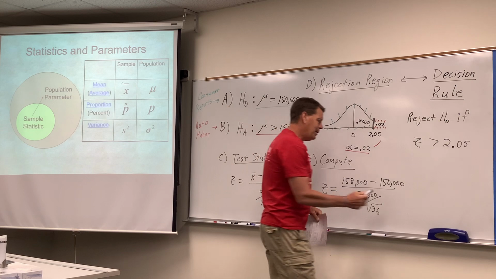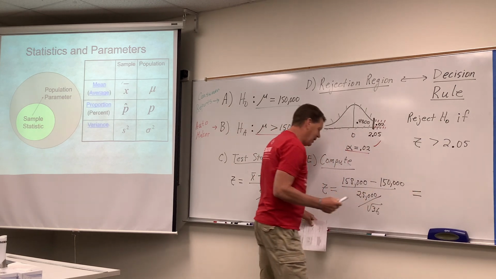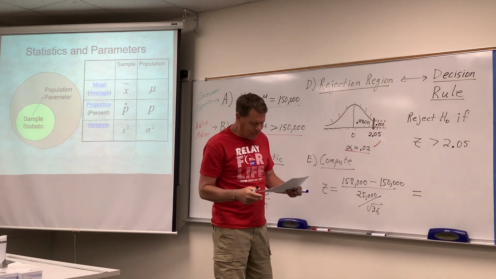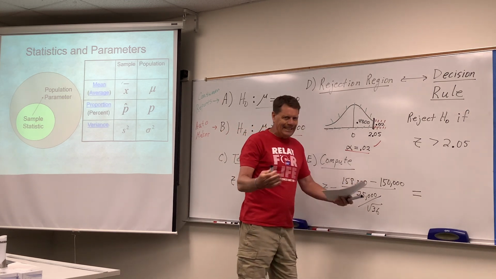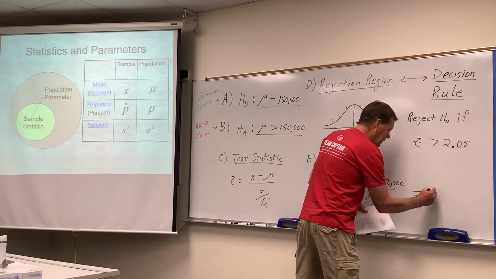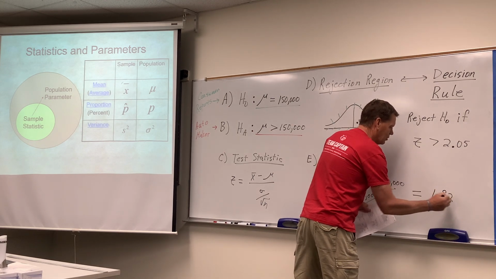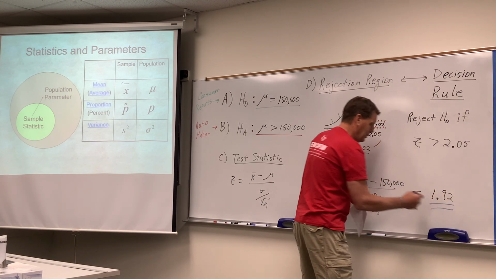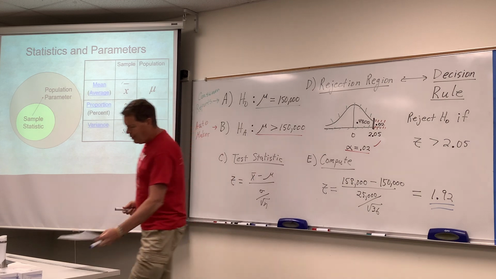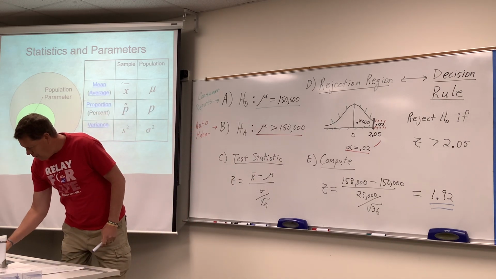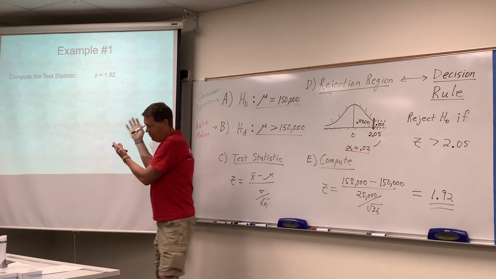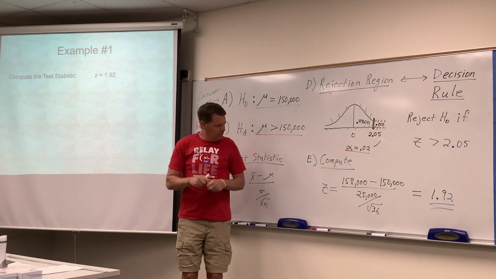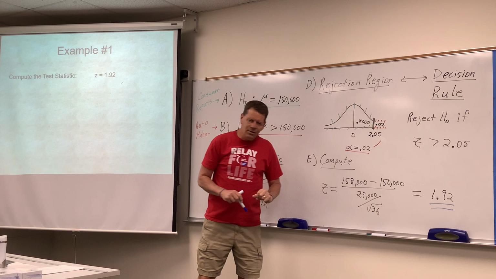So if you want to hit pause and push buttons for a while and see if you get the same thing, that's great. But crunch, crunch, crunch, and you would get the fact that this z-score turns out to be 1.92. And I will again tell you that this is also on the slides that are given to you as well. So that was crunching these numbers out, 1.92.